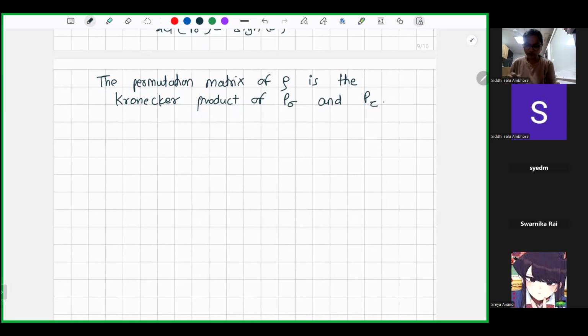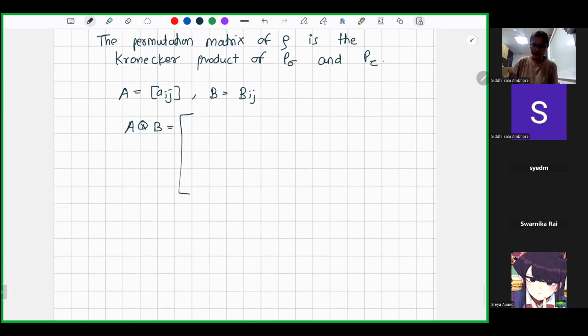So if A is a matrix A_ij and B is a matrix B_ij, the Kronecker product is denoted by this.